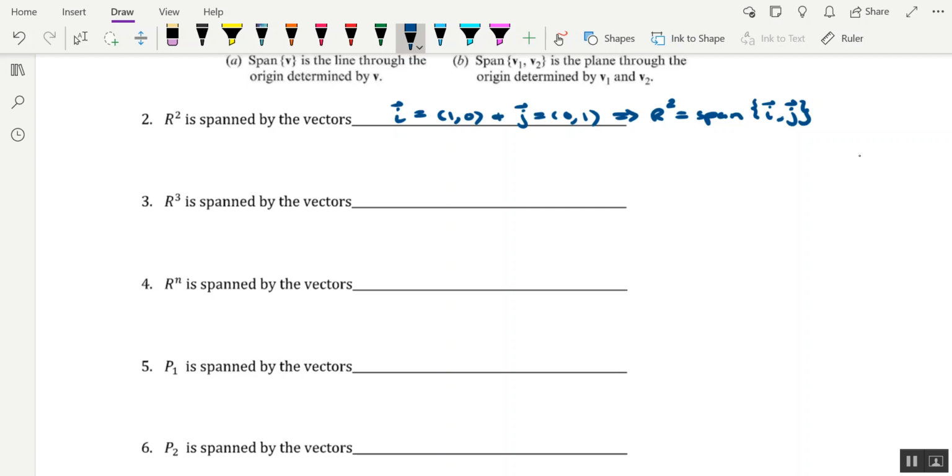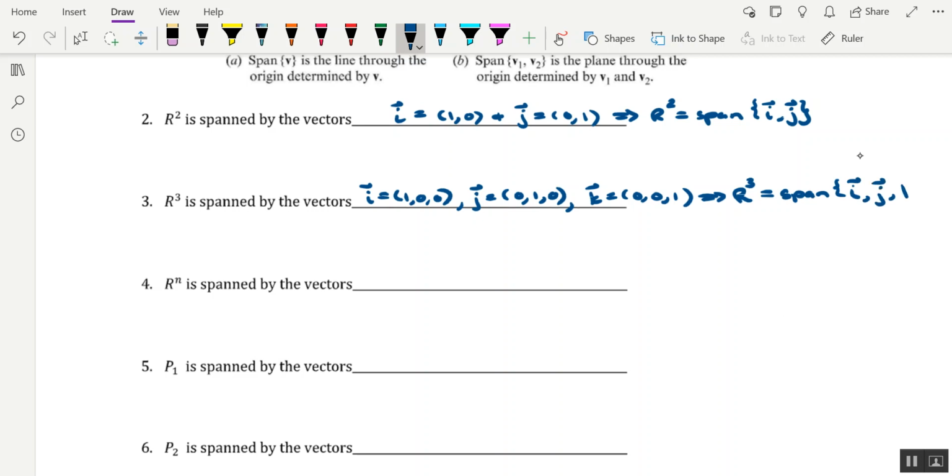For R3, i, j, and k span it. Here are the component forms of each of those vectors, which implies that R3 is the span of i, j, and k. You can spot a trend right away.